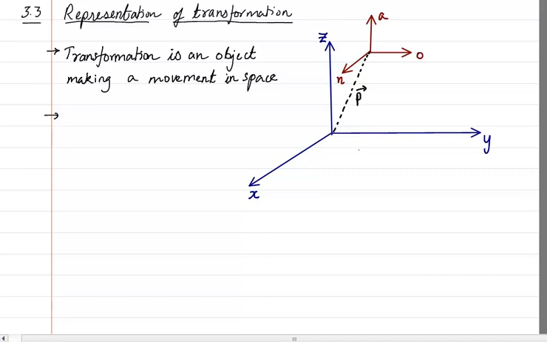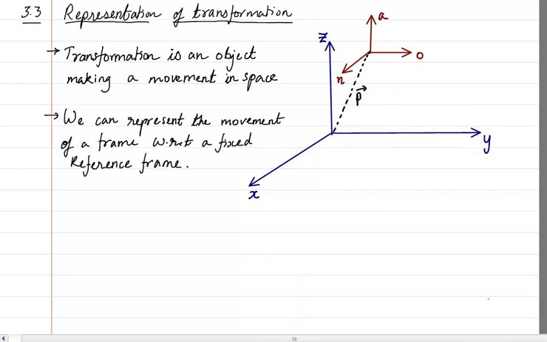Then based on that XYZ frame, we can define a homogeneous transformation matrix for the frame NOA, shown here. So we can represent the movement of a frame, here the NOA frame, with respect to a fixed reference frame.